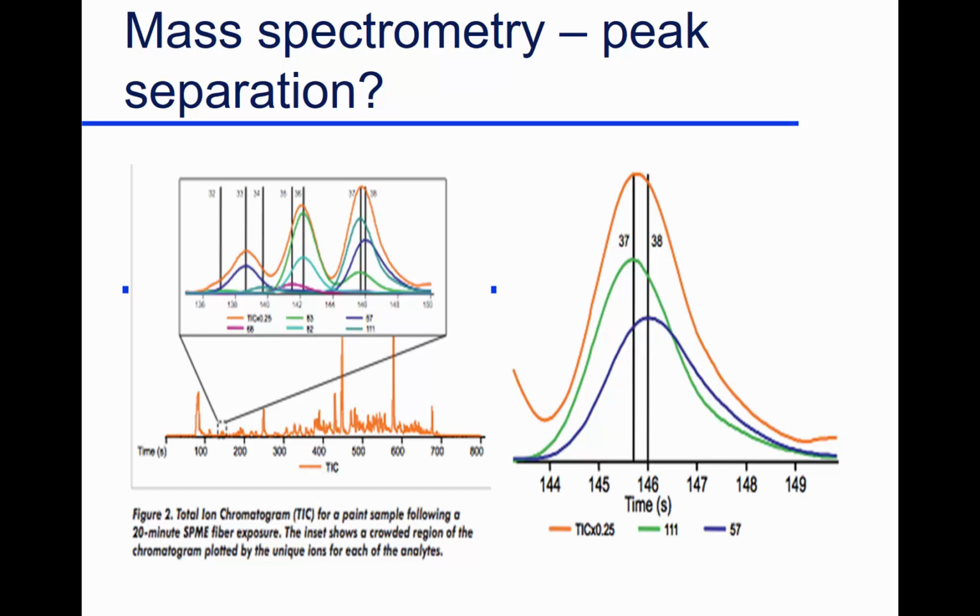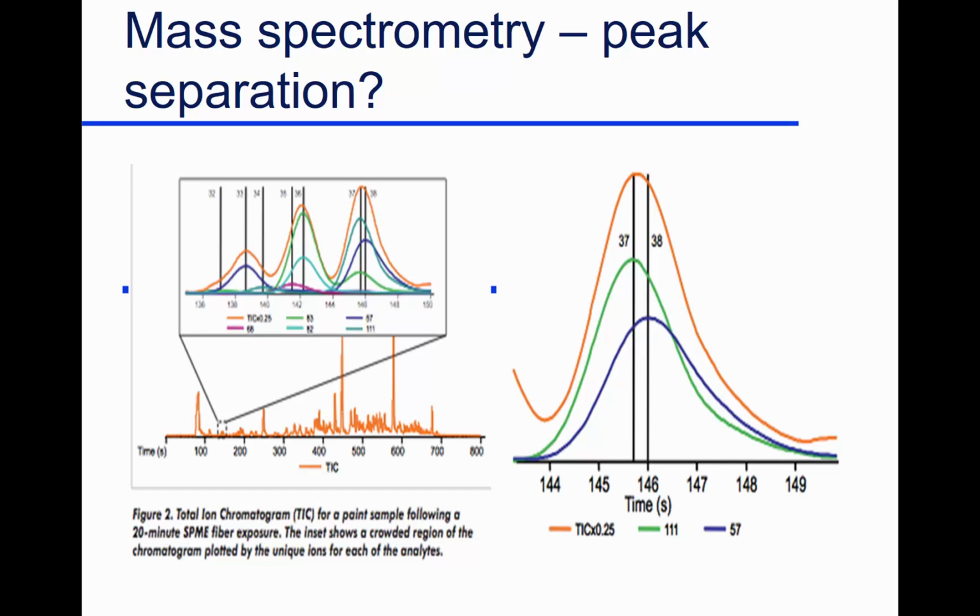What the mass spectrometer is doing is it's just sampling ions over time. It just looks at total number of ions. It doesn't tell you how many compounds they're coming from. It doesn't tell you what the compounds are. It just simply says, oh, something's coming through at this point. And based on the area, it's some rough measurement of how much is coming through.